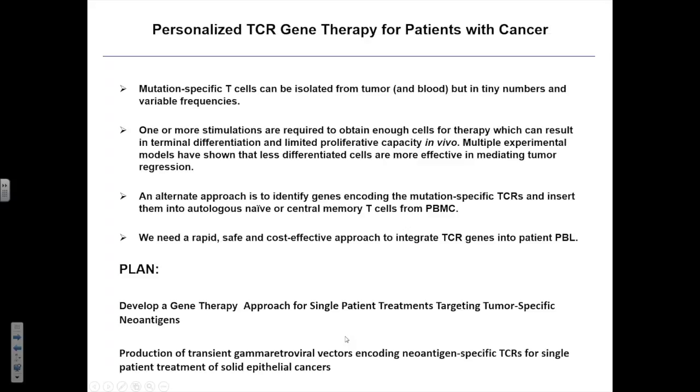There's a lot of work showing that a whole variety of factors within the tumor itself can prevent T cells from working.